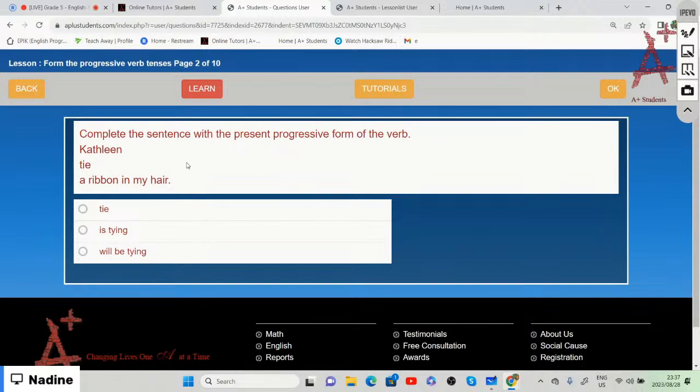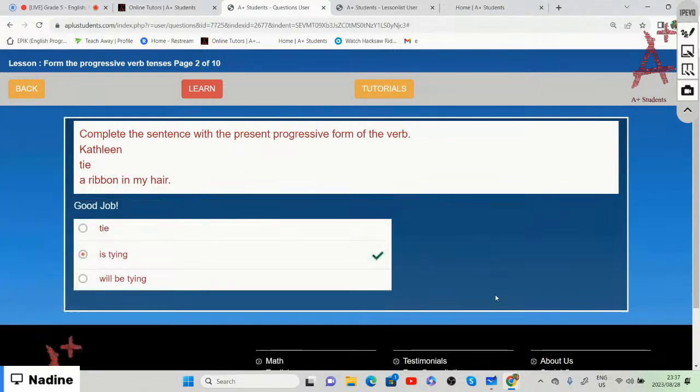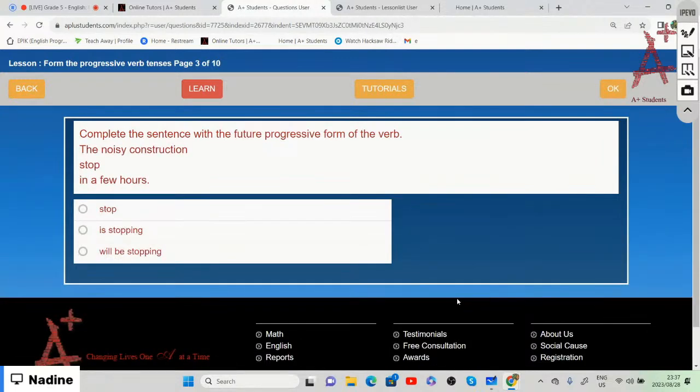If we need to write it in the present progressive form of verb tense, then we can say is tying. So Kathleen is tying a ribbon in my hair. If you have that, then well done.